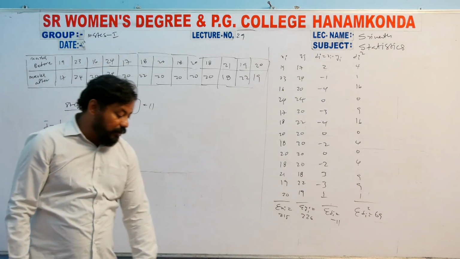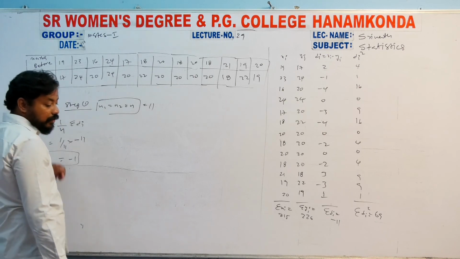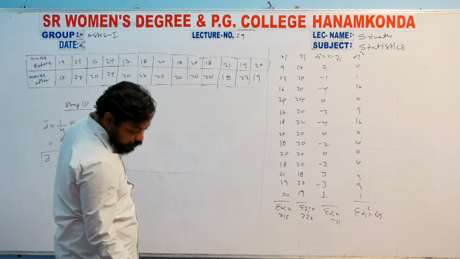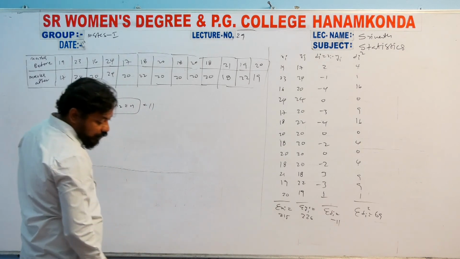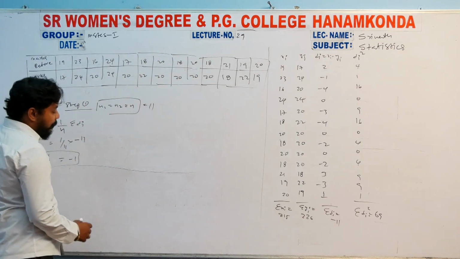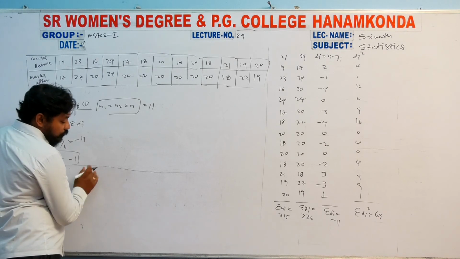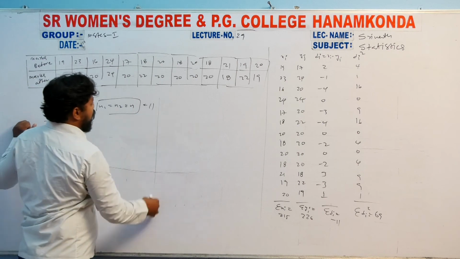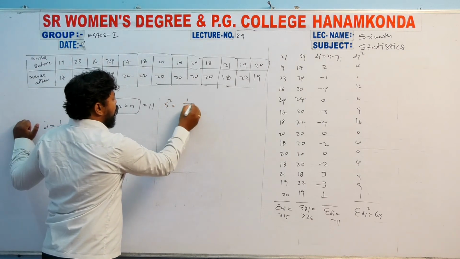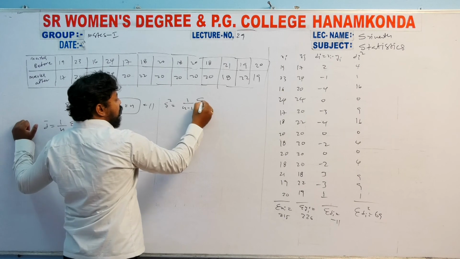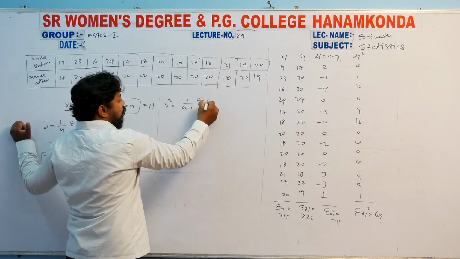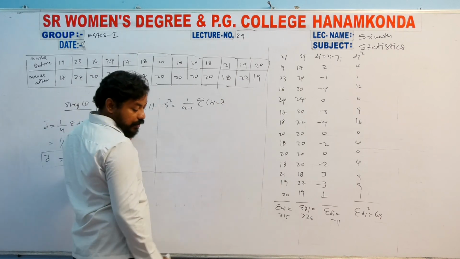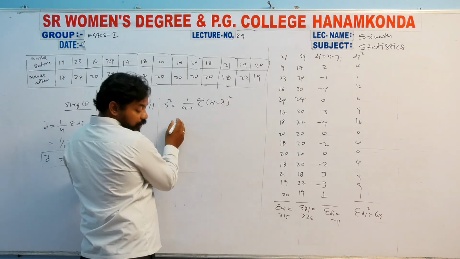And here we want to find out the value s square is equal to 1 by n minus 1 summation di minus d bar whole square.